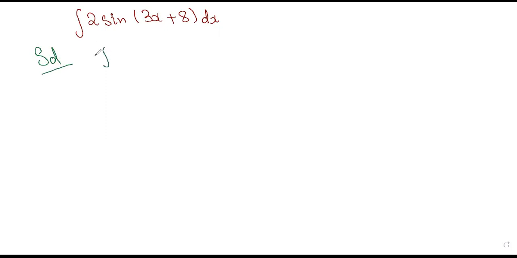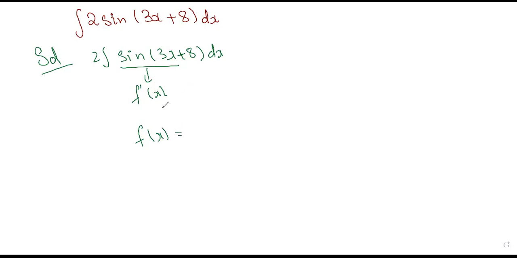So the first step would be to take this 2 out. In order to keep things simple, just take this 2 out. And now this is the derivative. So we need to think of a function whose derivative is sine. So what is the first guess? What is the initial guess?